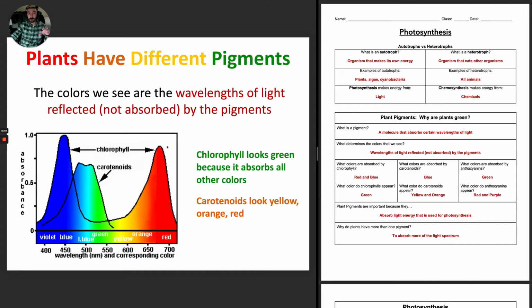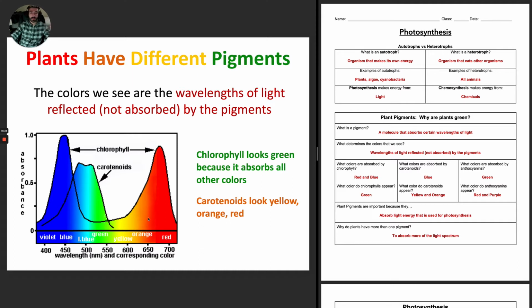Then as you go up towards red, absorbance peaks again, meaning blue and red are absorbed very strongly, but green is not. Green is reflected. And so the color that we see, green, is because green wavelengths of light, or wavelengths of light that we know to be green, are reflected by that pigment. The other colors are absorbed.